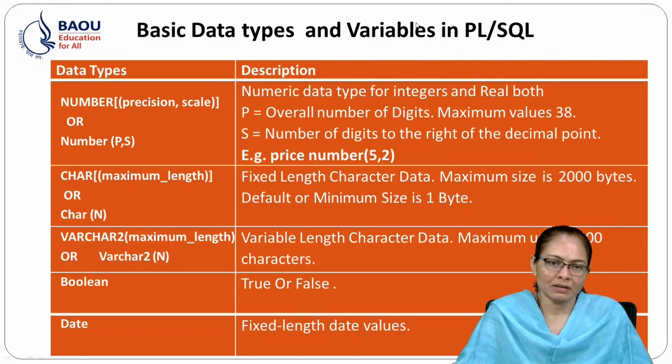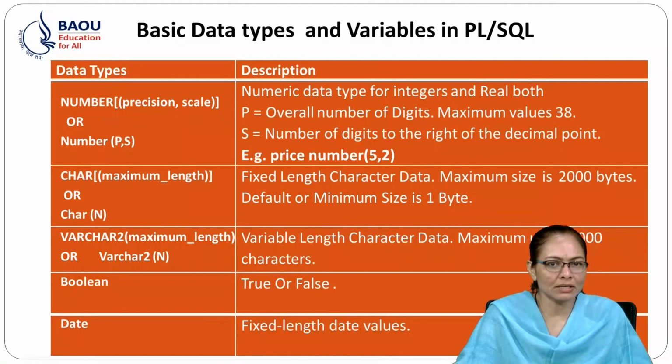The syntax of the number data type is NUMBER in round brackets; the square bracket part is optional. The round bracket holds the precision and scale, P and S. The numeric data type is used for integer as well as real numbers: integer means without a decimal point and real means a floating point number.